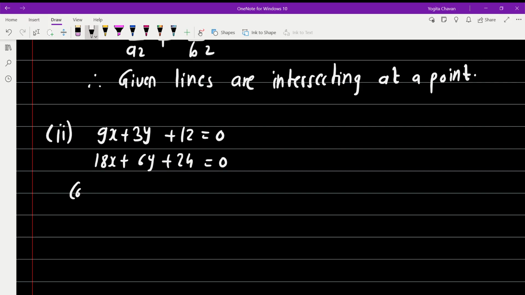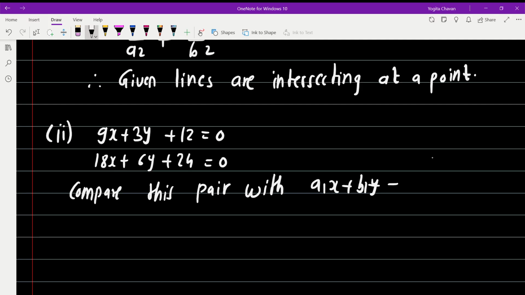Again compare this pair with a1x plus b1y plus c1 is equal to 0, a2x plus b2y plus c2 is equal to 0.